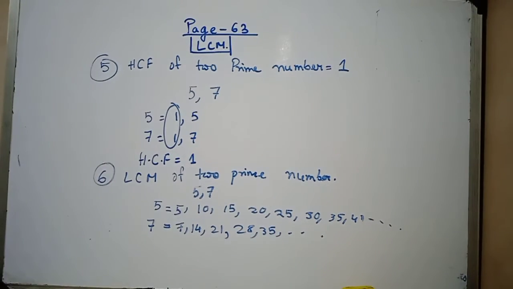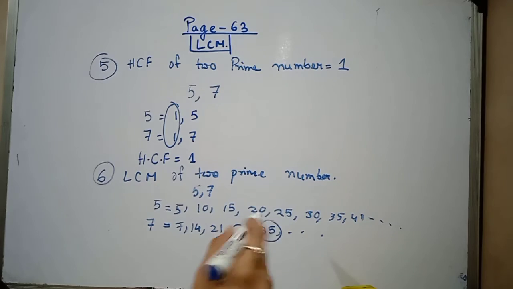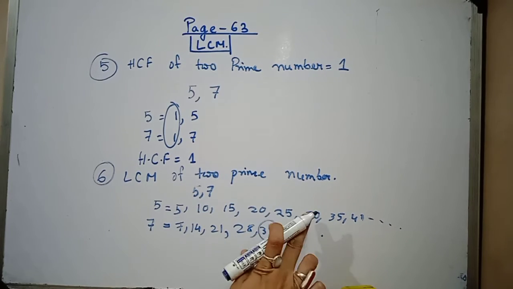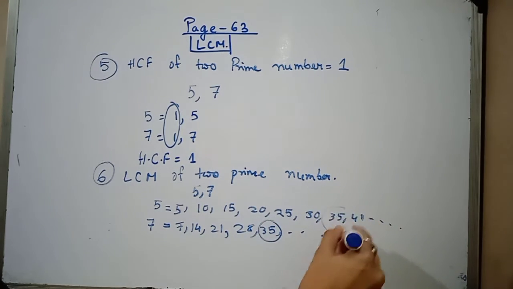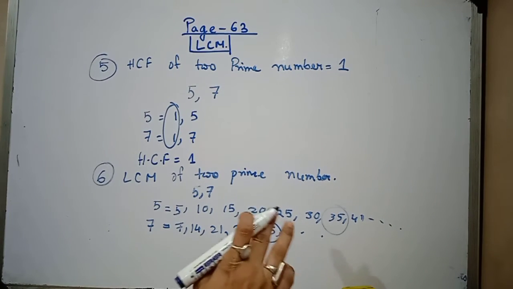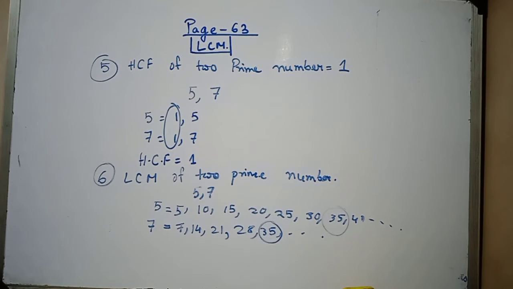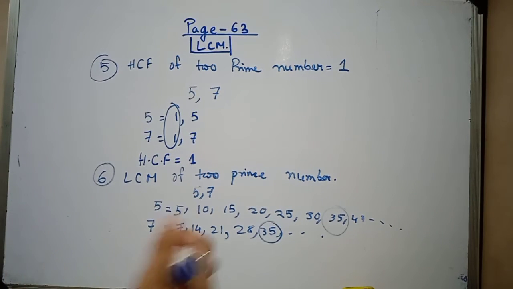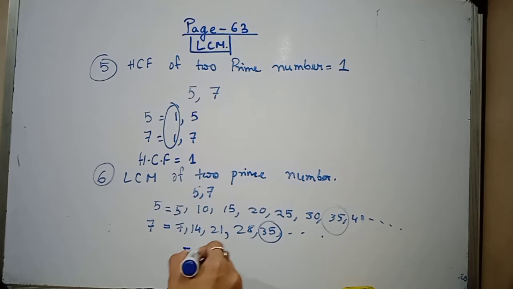Now as I get 35, 35 is in the table of 7 and it's also in the table of 5, and this is the least common multiple of 5 and 7. That is the least common multiple. Okay, and what is the meaning of this 35? The 35 is the product of the two numbers, right? By multiplying 5 into 7 or 7 into 5, we get 35.